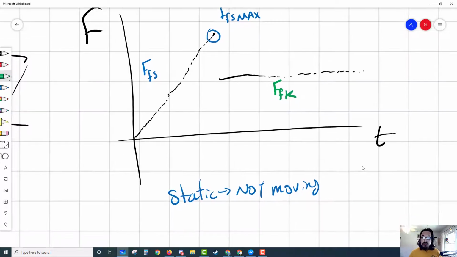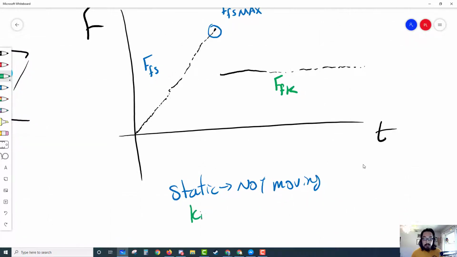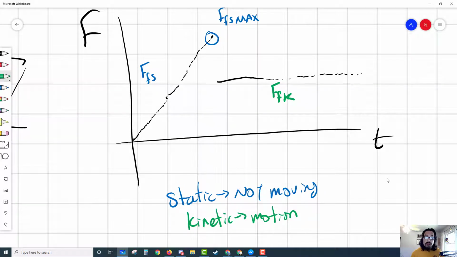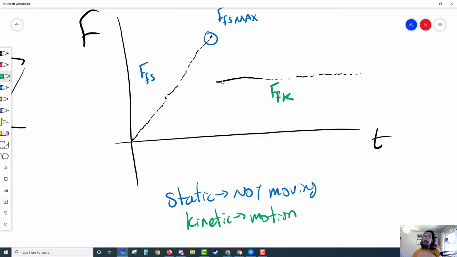Okay, that K stands for kinetic, and kinetic means motion. And you'll notice that the force of friction kinetic is a constant value that does not change. But the force of friction static constantly changes up until a point.